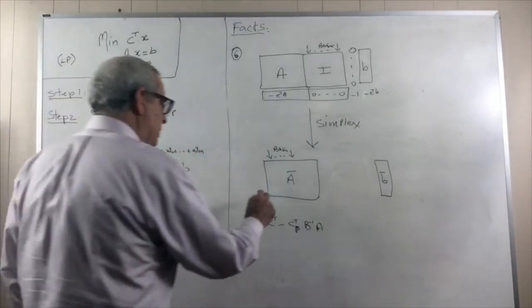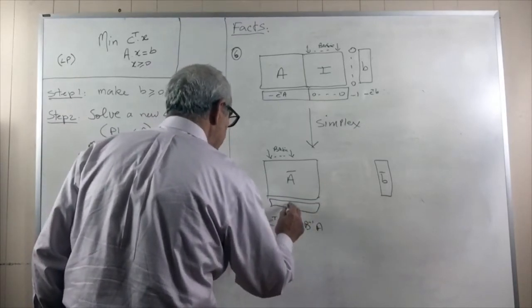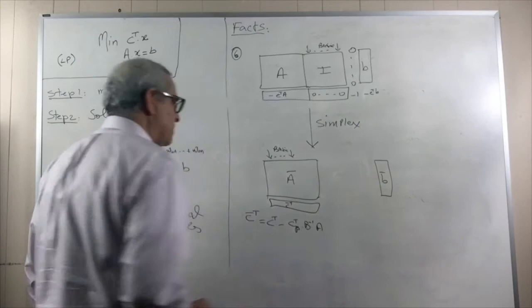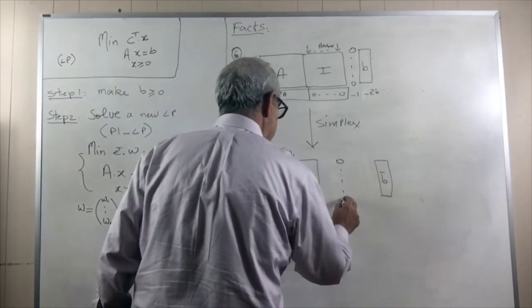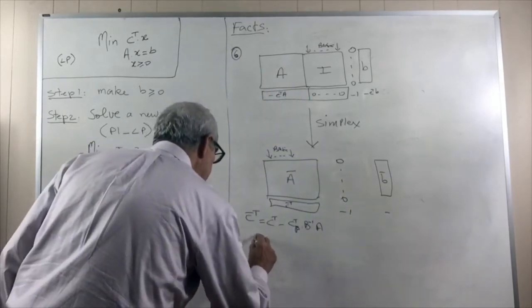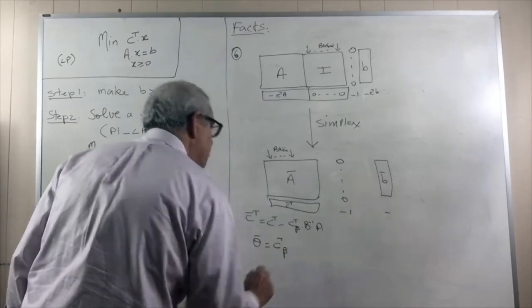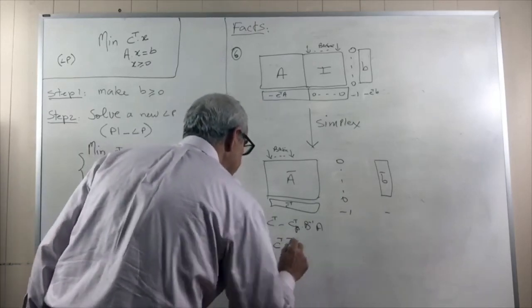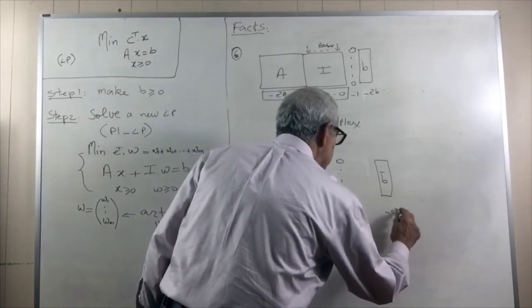So we plug it in here. C bar transpose, and then here is minus 0, 0, 0, 0, minus 1. And here the theta bar is just C beta transpose times B bar. Right? Minus C beta transpose B bar.